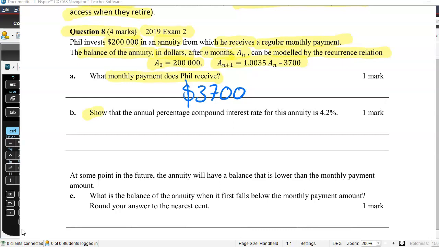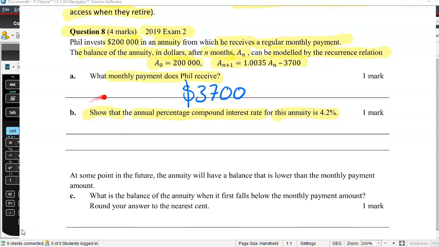So show that the annual percentage compound interest rate for this annuity is 4.2%. Now, this is a show that question. Remember, with a show that question, you cannot use the answer, which is 4.2, in your calculations. You can't use the 4.2 and work backwards.